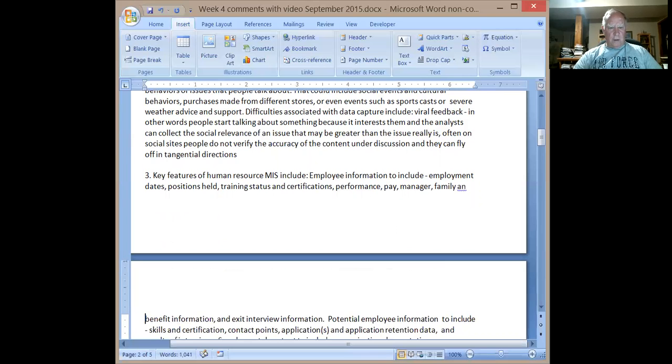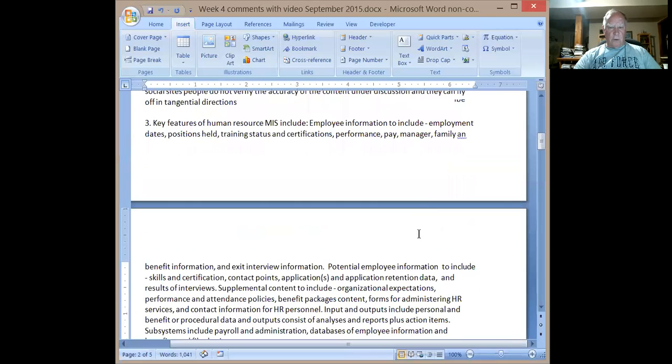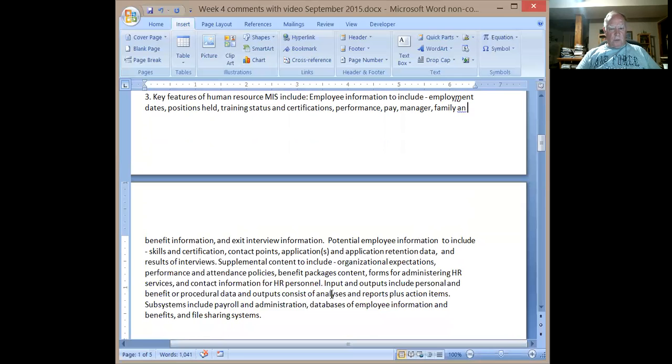Benefit information, exit interview information, skills, certifications, contact points, all of those supplemental packages for HR personnel, right? There's no reason, except for confidentiality, that that cannot be simply entered into a database.